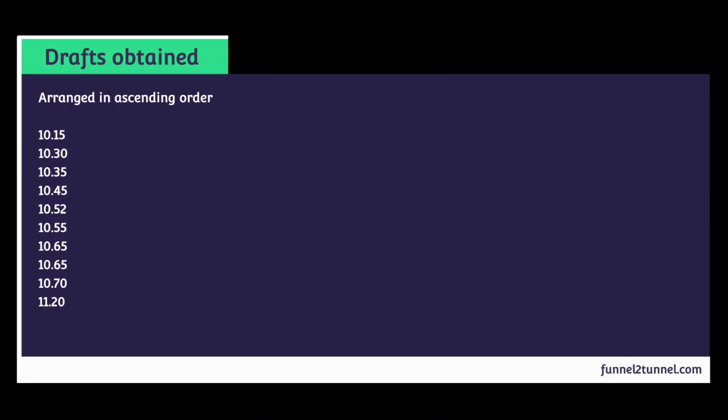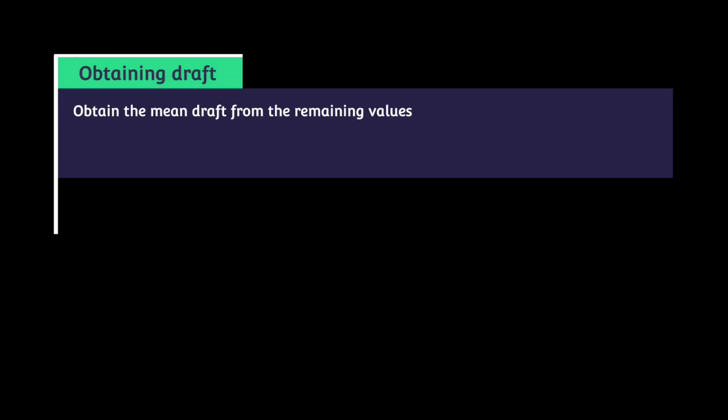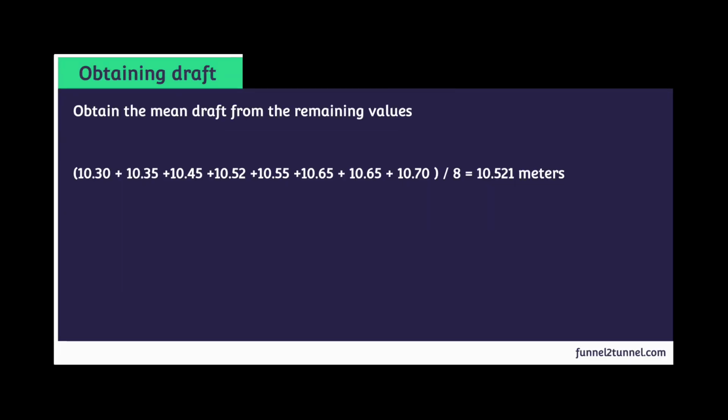Now you can neglect the maximum and minimum readings. In this case, neglect 11.20 and 10.15. Let us now average out the remaining 8 readings. We obtain the mean as 10.521 meters.